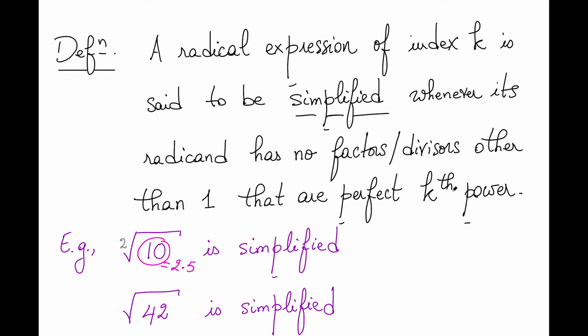And 10. So none of these divisors is a perfect second power. Why second? Because the index is 2 in this case. So none of the divisors is a perfect square. As such, this guy is simplified.